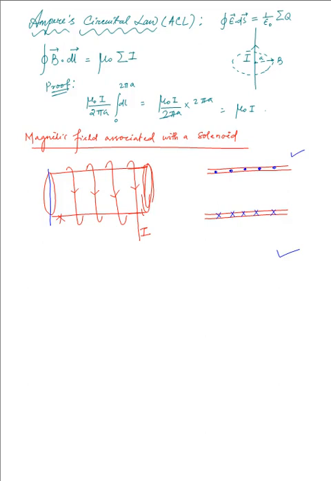Now we wish to obtain the magnetic field intensity that is associated with this solenoidal arrangement. For that we take this cross-sectional view, this cutout view, and that is quite helpful in understanding the topic. So what we do is we construct a very small Amperian loop. Now the Amperian loop is just like in Gauss law in electrostatics, where we had considered symmetrical Gaussian surfaces.